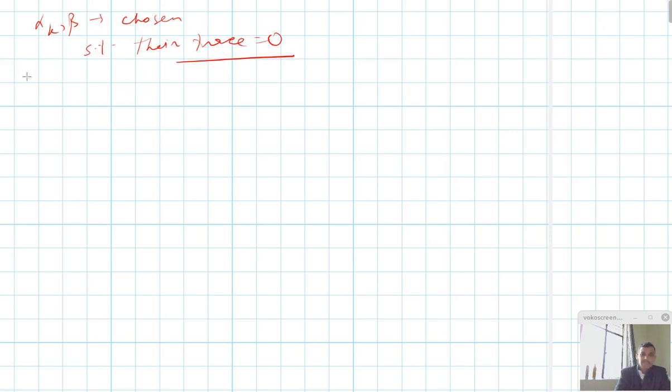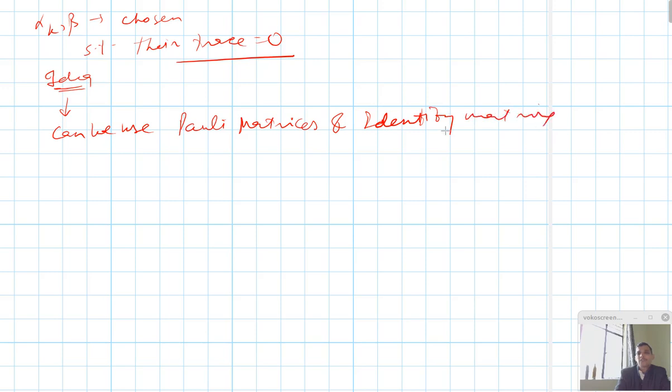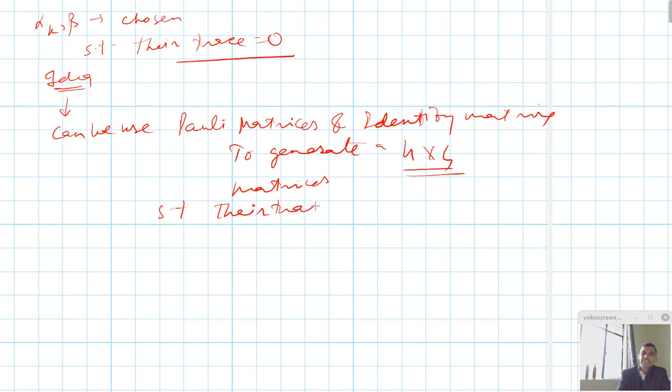Now the idea comes to our mind: can we use Pauli matrices and the identity matrix to generate 4x4 matrices such that their trace is 0?